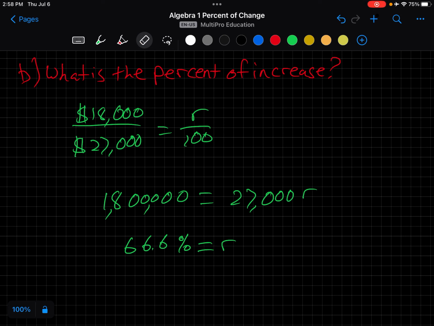That's with some rounding, so let's just do another 6 here and show that that's repeating. All right, so we have a percentage pay increase of 67% roughly. That's a big increase.